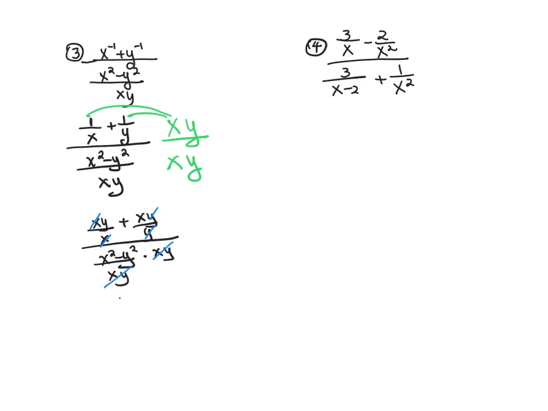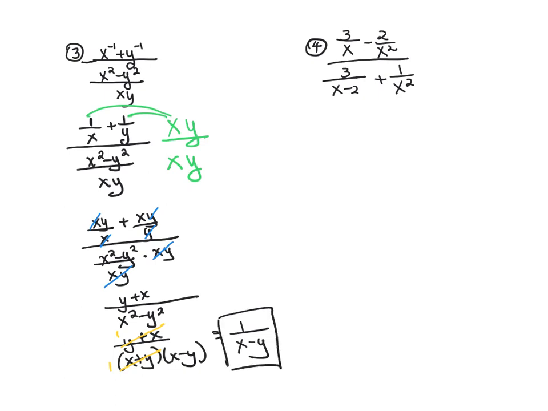So we're left with y plus x all over x squared minus y squared. We could factor that as a difference of two squares. And these divide through, of course, it's a form of 1, commutative property of addition. And we have 1 over x minus y.